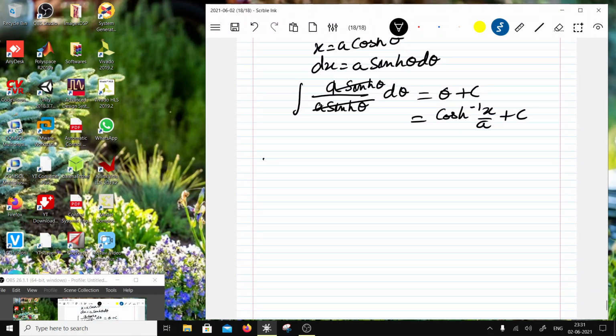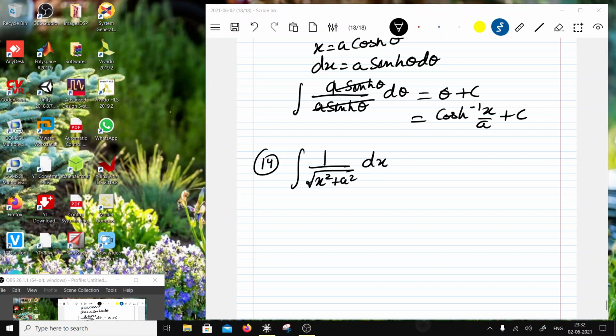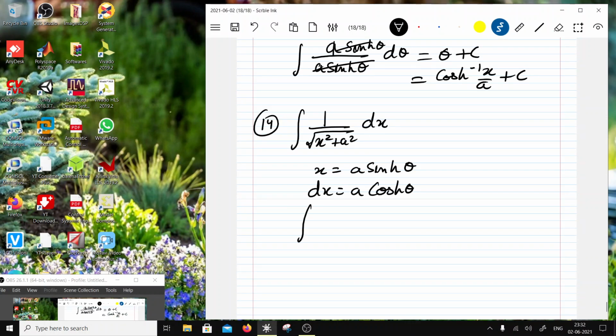Okay, similarly I have integral of 1 over root of x square plus a square dx. So let's say x is equal to a sine hyperbolic theta. So dx is equal to a cos hyperbolic theta, right? And then the integral is 1 over root of a square sine square plus a square.